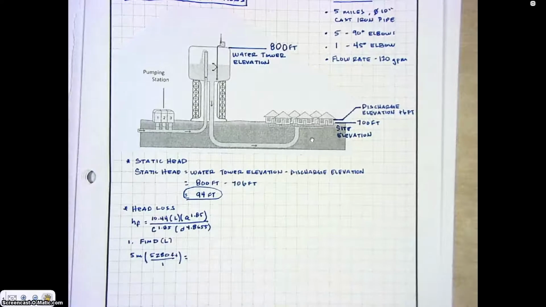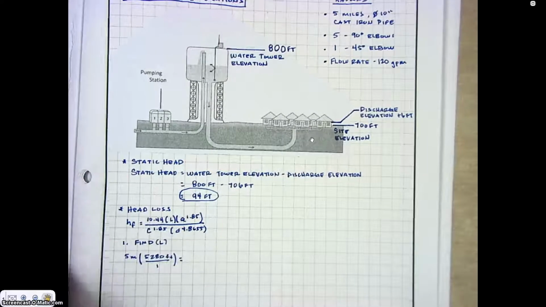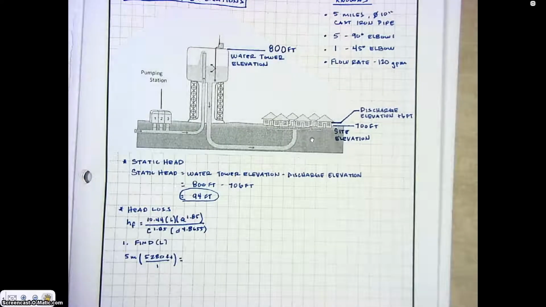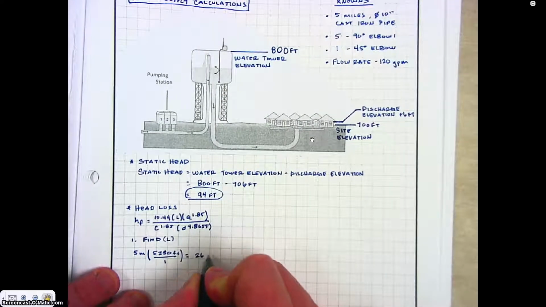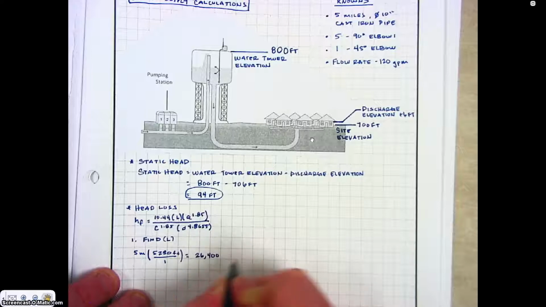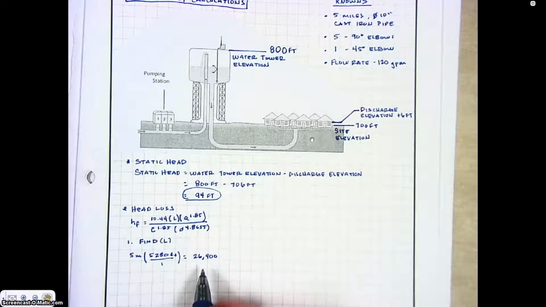So we multiply 5,280 times 5, and we get 26,400 feet. And so that's our first thing we need to do to find L.